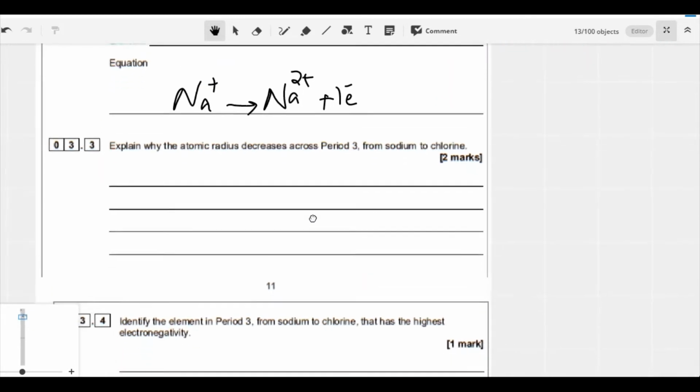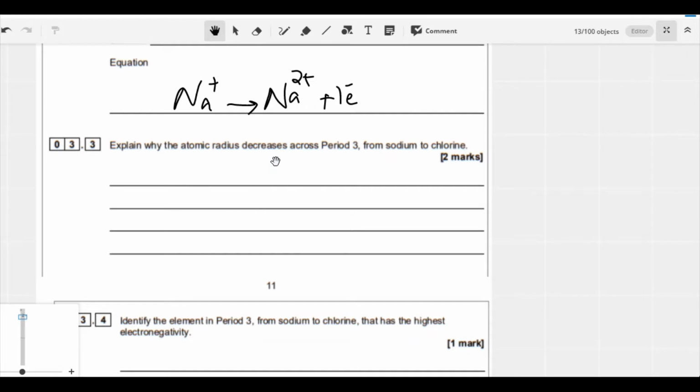Okay, next question is very easy. Explain why the atomic radii decrease across period 3 from sodium to chlorine. As we know, when we move from left to right, the atomic size decreases, the atomic radii decrease. Why? Because the number of protons increases, or you can say nuclear charge increases.